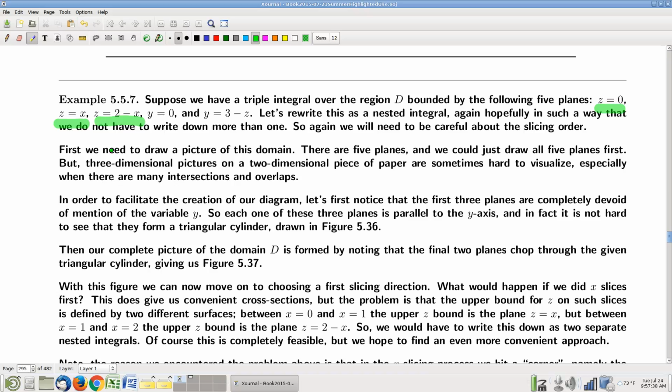If an equation does not have the variable y in it, that means that if you have some point on that surface and you change the y coordinate, that doesn't affect the equation anyway. Therefore, the resulting point is also on the same surface. Or said differently, these surfaces, by not having y in them, have to be parallel to the y-axis.